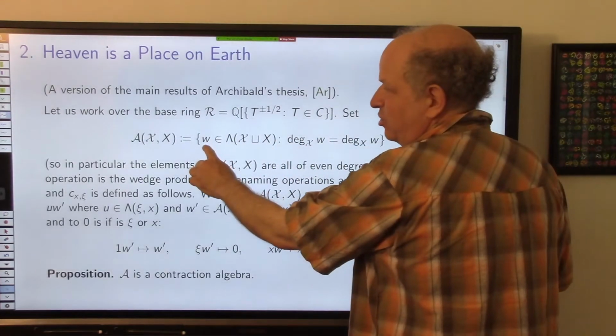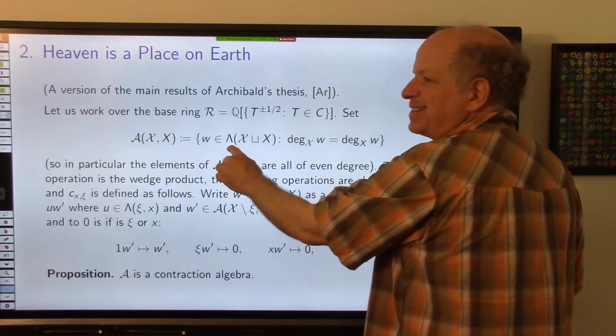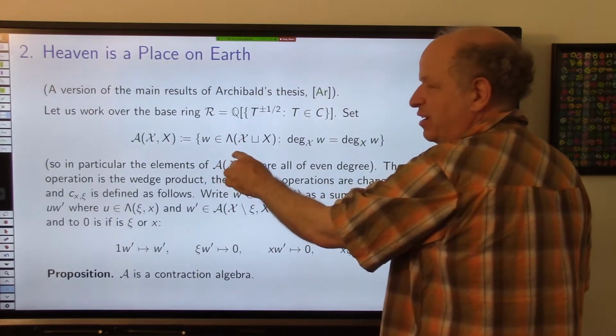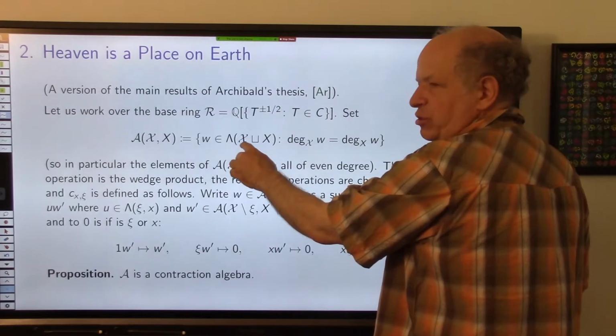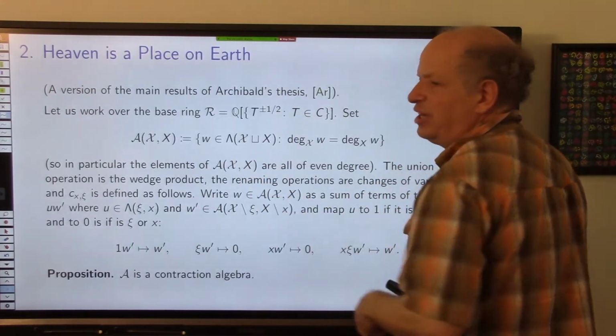It's the set of all W's in the exterior algebra with generators corresponding to the union of the Greek and the Latin letters.